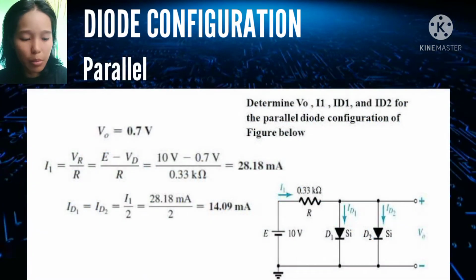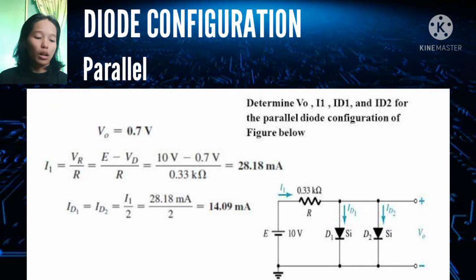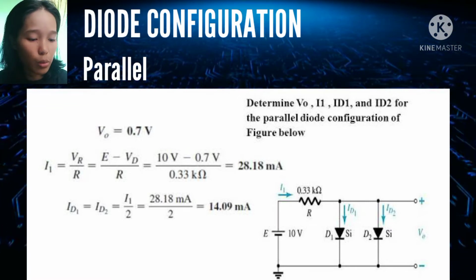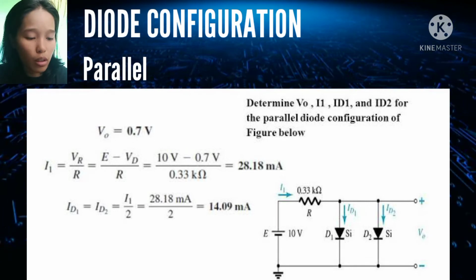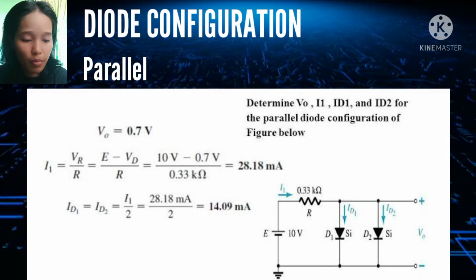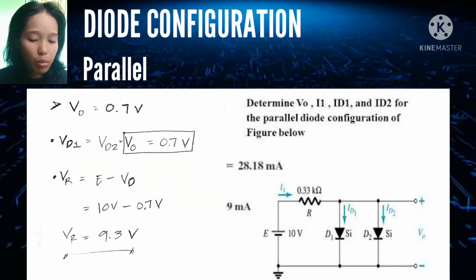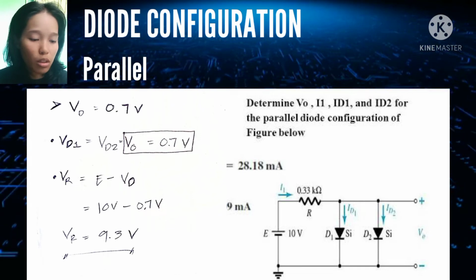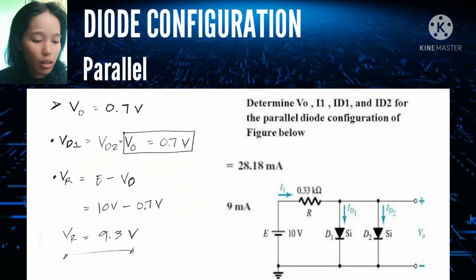Now let's move to the parallel configurations. For this circuit, we are still using the silicon diode, and here we are using two diodes, D1 and D2. Our VD will be equal to 0.7 volts since we are using silicon diodes.